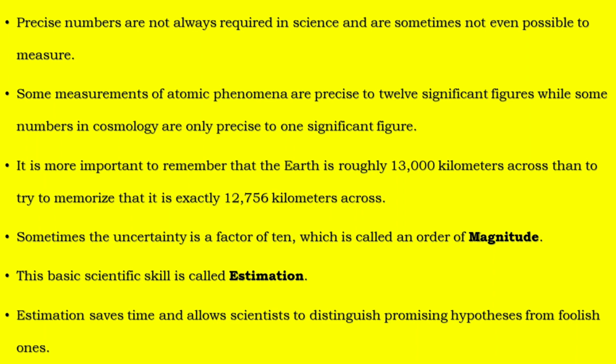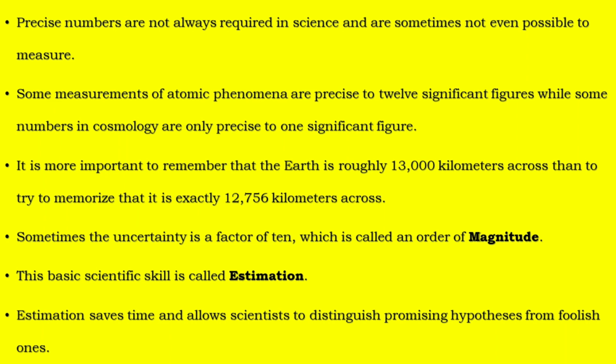You can understand most of the material in astronomy without having to deal with very precise numbers. In the example just given, it is more important to remember that the Earth is roughly 13,000 km across than to try to memorize that it is exactly 12,756 km across. Few numbers in astronomy are known with a precision of more than 3 significant figures.